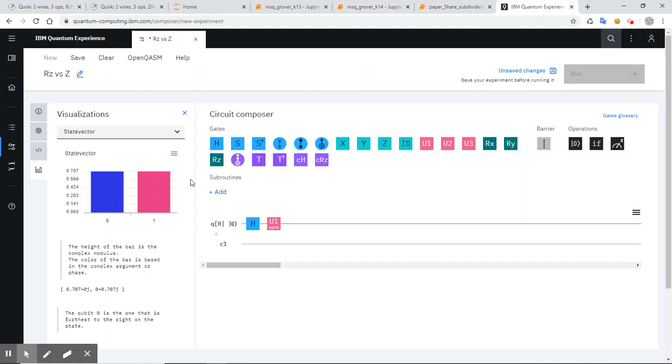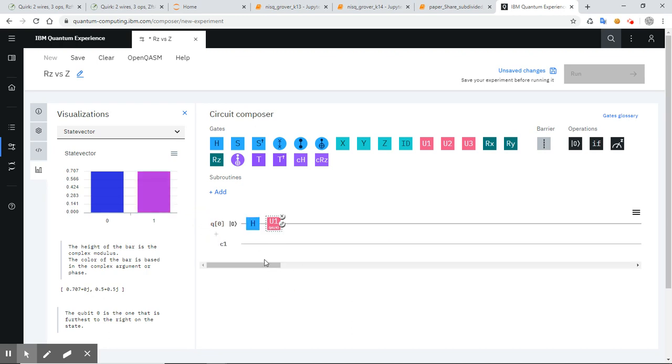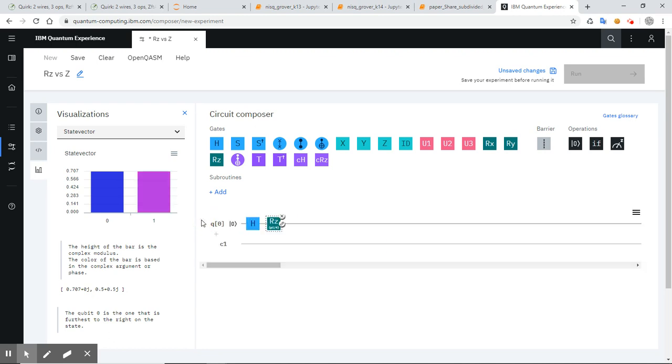So U3 pi divided by 4, right? It should be the same as a real 0.7 and then 0.5 real, 0.5 imaginary. Pi divided by 4. Let's see, no, RZ. Pi divided by 4 should give us the same. Yes.